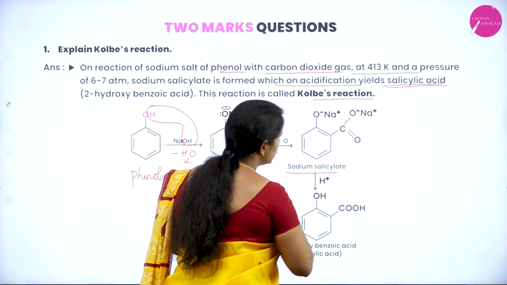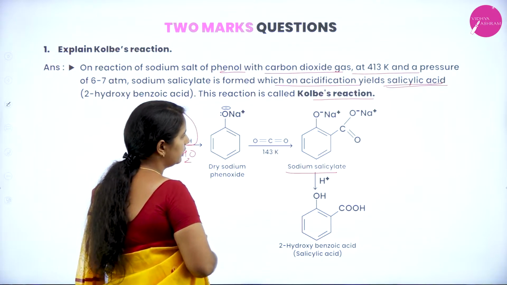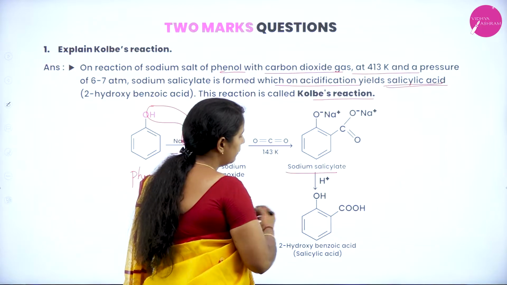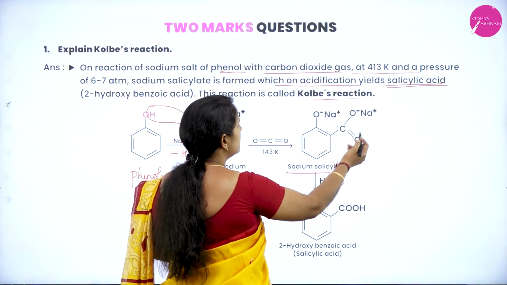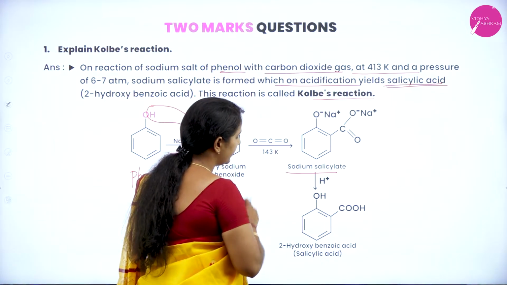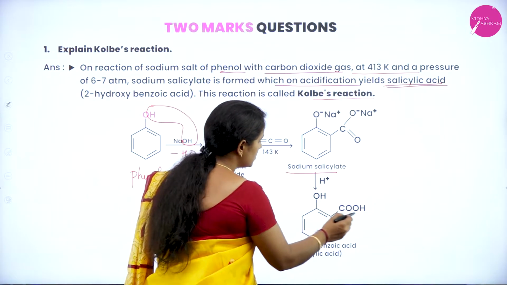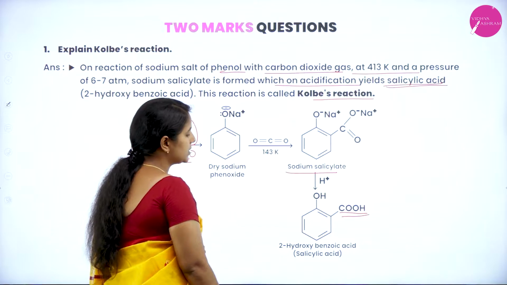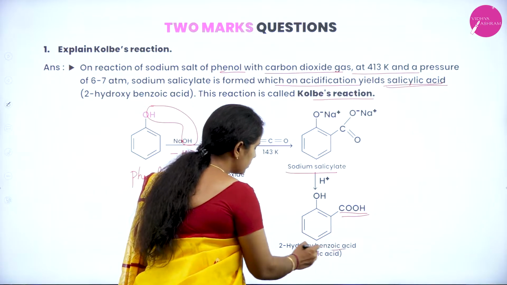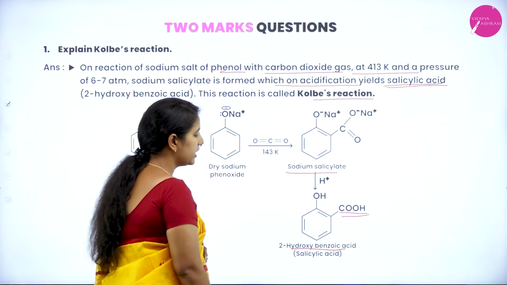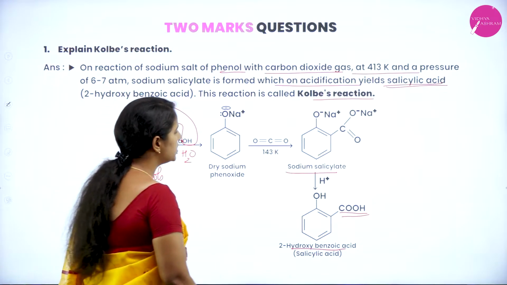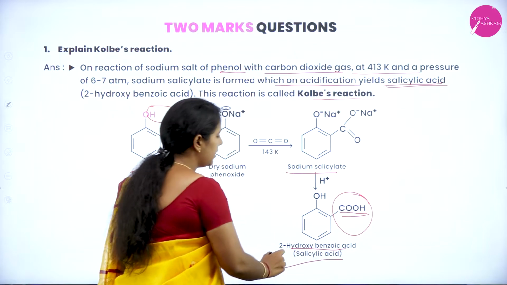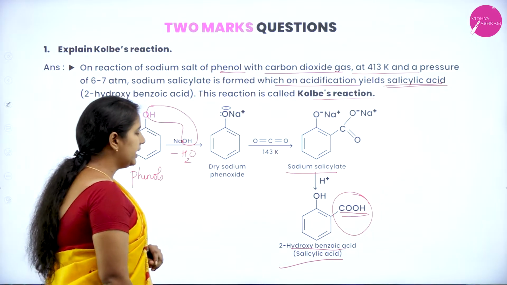Thereby it forms sodium salicylate, which upon further acidification with water, the sodium will be removed from the benzene ring. Thereby it forms a carboxyl group attached at the ortho position of the benzene ring, and it is known as what? 2-hydroxybenzoic acid, because this is a carboxyl group which has been attached, and simply we call it salicylic acid.